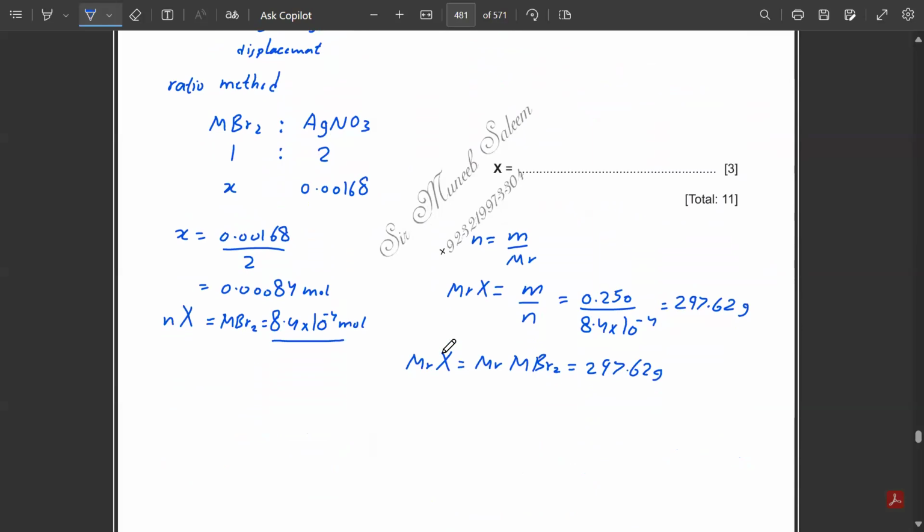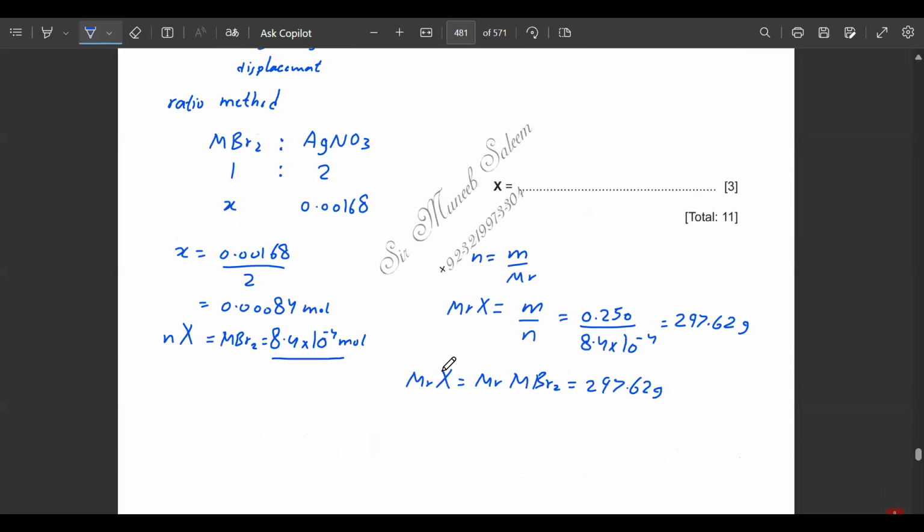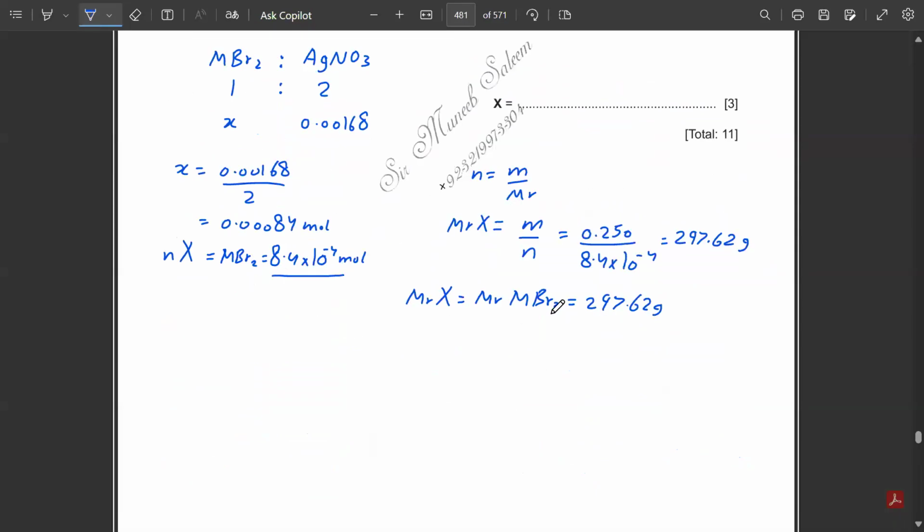I need to find the compound which should be here. So if I just take out the mass of bromine from this whole value, the relative atomic mass of bromine is basically 79.9 gram per mole, and we have 2 bromine atoms, so Br2 will become 79.9 times 2.